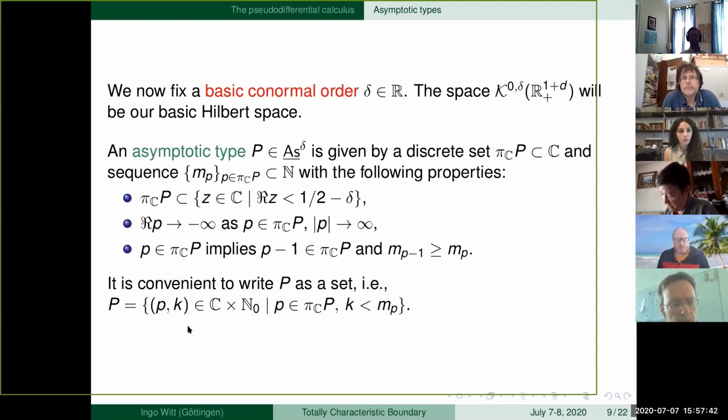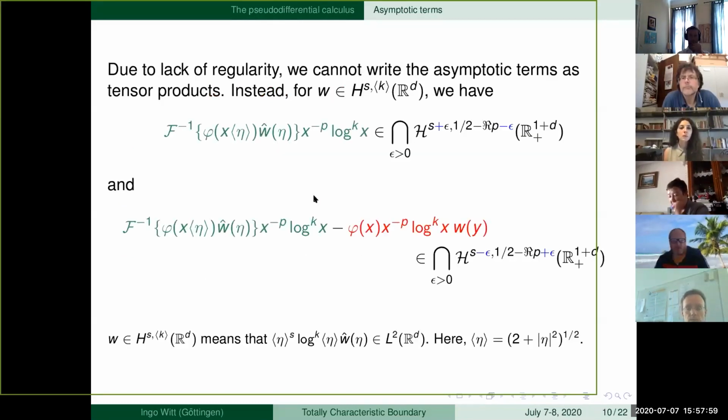Then I just write the asymptotic types as sets, so p is in that set P, and k is less than the multiplicity of p. Now I organize things as a cone pseudo-differential calculus, but I have to adapt the situation slightly. In the cone calculus, this w usually is a smooth function. Not in our case.